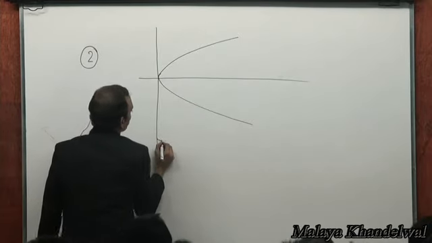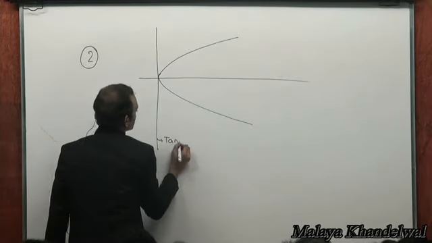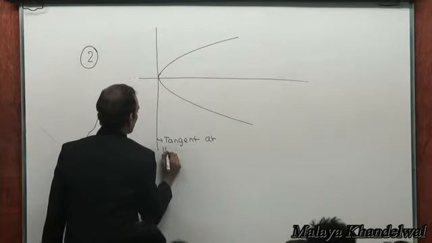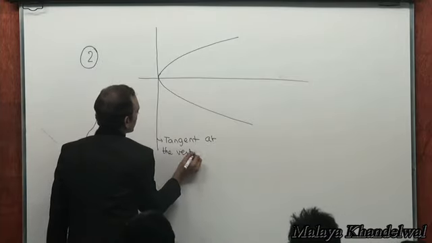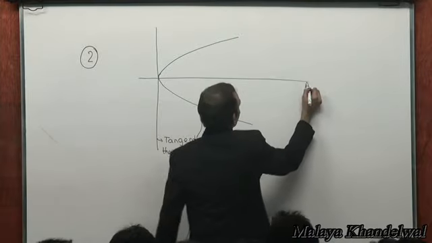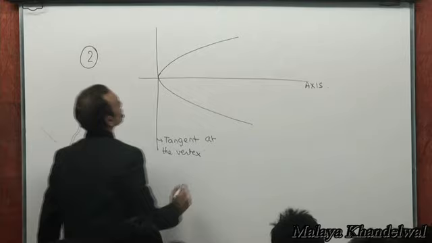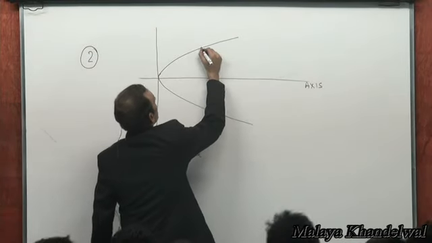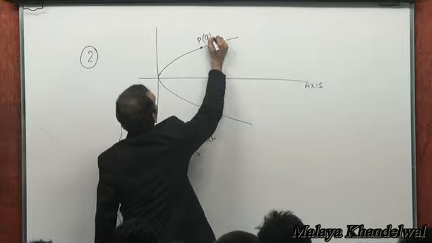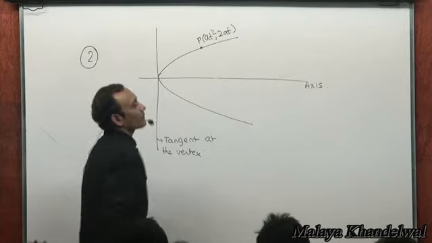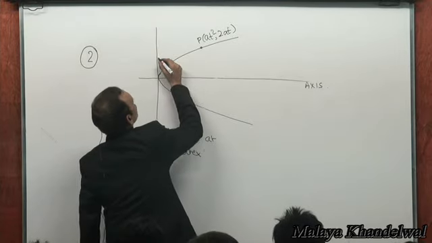This is the tangent drawn at the vertex. This is the axis of the parabola. And this is some tangent drawn at P, (at squared, 2at), a tangent drawn at P, say.